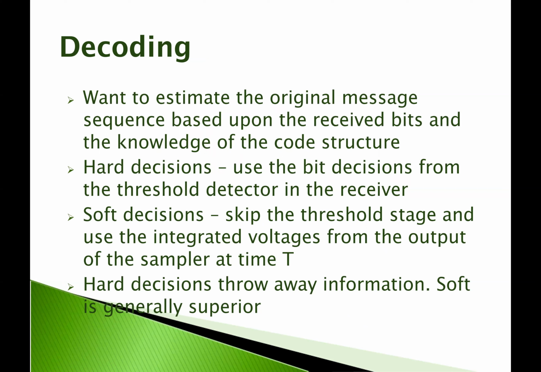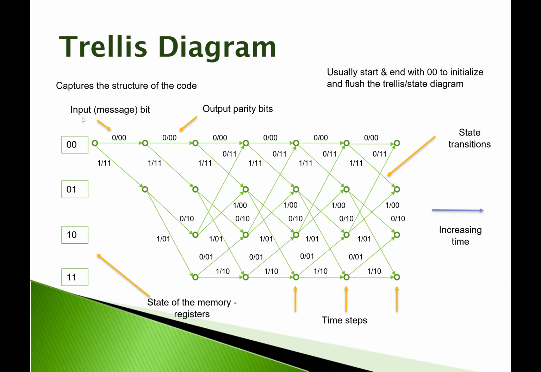We are not just looking at a snapshot in time now. I know that this system should evolve in a certain way given certain input bits. For example, there should be no way to go from this initial state down to the 1-1 state, right?